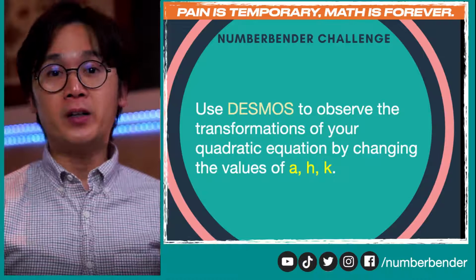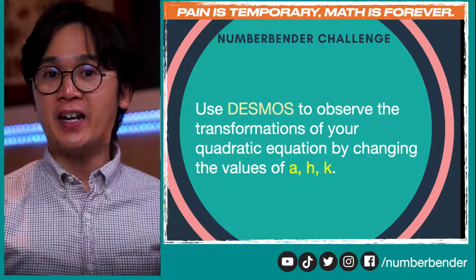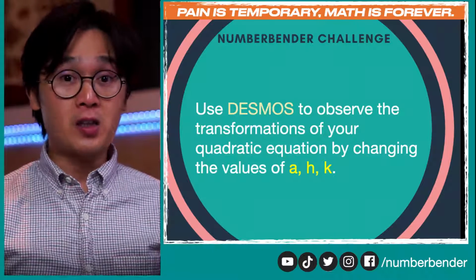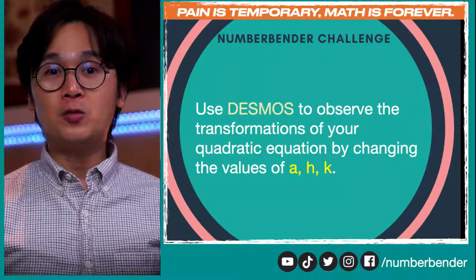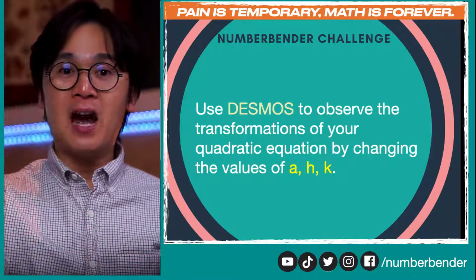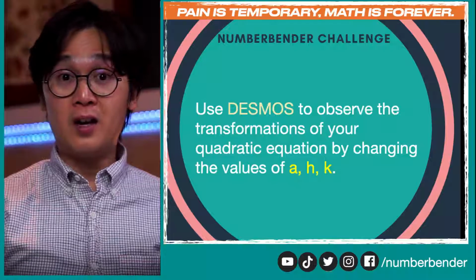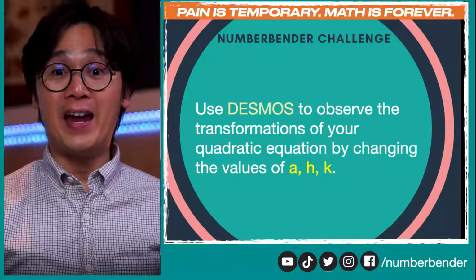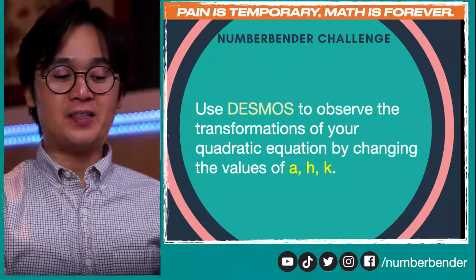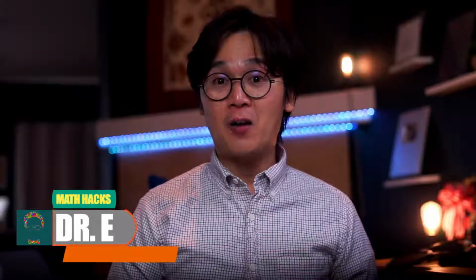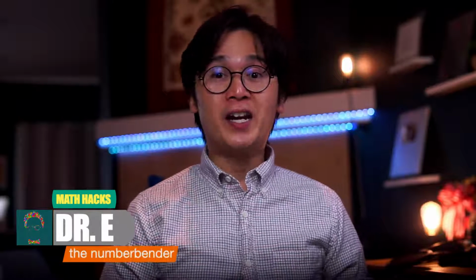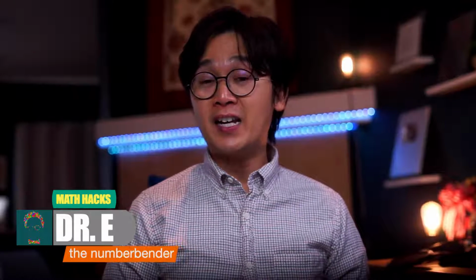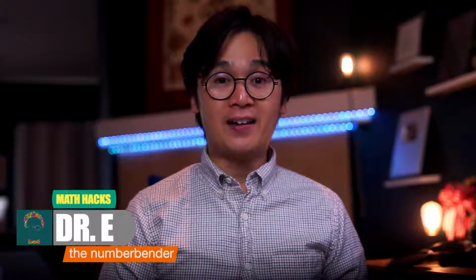Because it's important that we're not only understanding how to solve quadratic functions, but also visualizing in our head how the parabola is being graphed on the xy plane. So this is our lesson for today, working with the transformation of our quadratic equation by changing the values of the constants in the vertex form: a, h, and k.